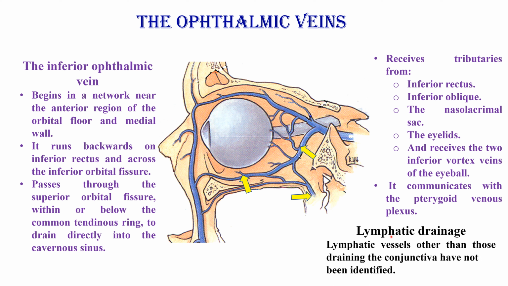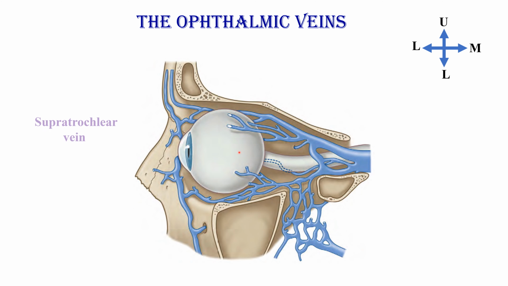The lymphatic drainage of the eyeball, other than those draining the conjunctiva, the rest of the lymph vessels are not well known. That is another summary for the veins of the orbit.